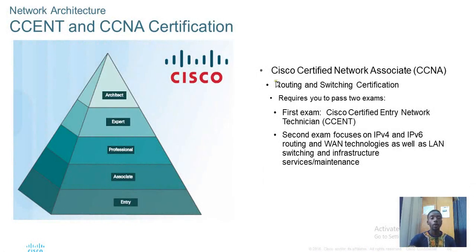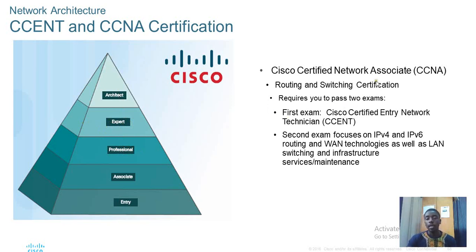Cisco is a platform that has levels from entry level down to architectural level. We start here combining the entry level and the associate level together within the course of 6 months. We are not offering the professional level, that is CCNP, or CCIE, the expert level, or the architect level, CCAr.